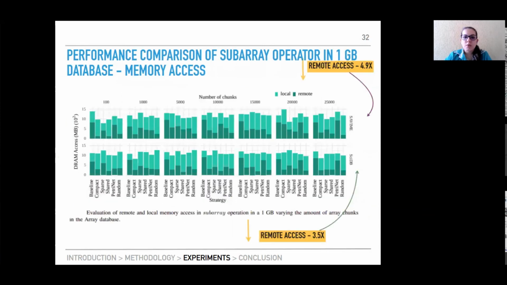Next, the result is repeated when we look at reducing remote memory access. In Savime, the reduction in remote access was almost 5 times, and in SciDB 3 times.